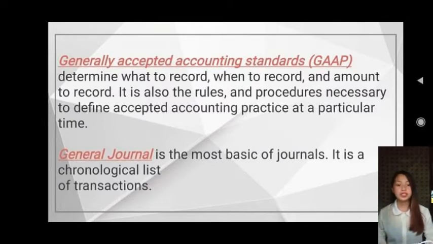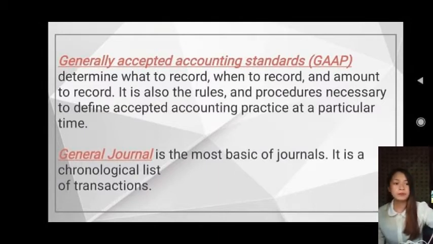Then, General Journal. General Journal is the most basic of journals. It is a chronological list of transactions. So, General Journal is a journal entry.